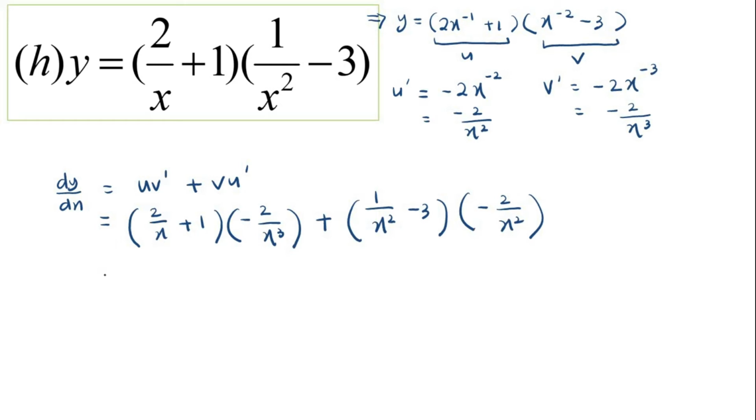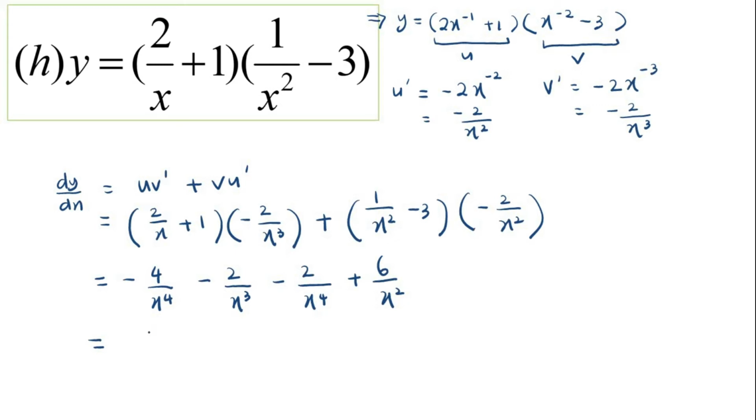And we can simplify this out, so we will get negative 4 over x to the power of 4 minus 2 over x cubed minus 2 over x to the power of 4 plus 6 over x squared. Since we have the same denominator with x to the power of 4, we can simplify this once again.